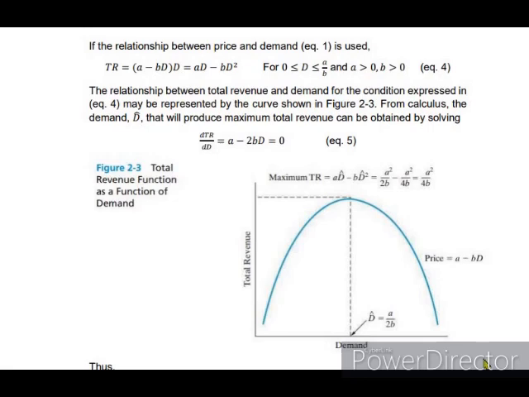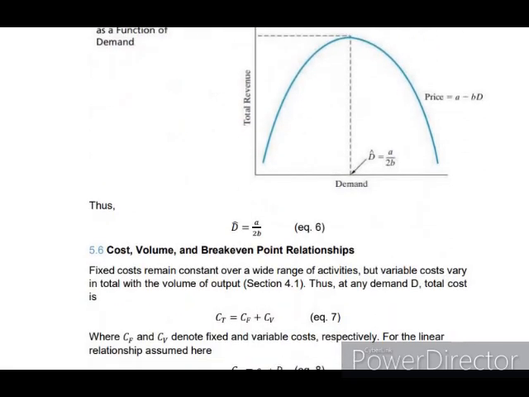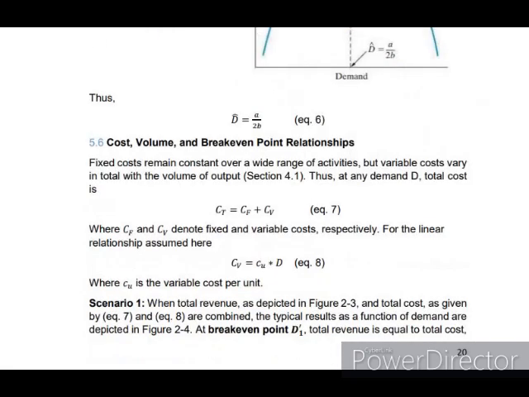So you notice this is the total revenue versus the demand. So the differentiated formula yields this graph. You notice that it is a bell-shaped graph. So next, thus the demand is equal to A over 2B. So we have derived that formula of demand.